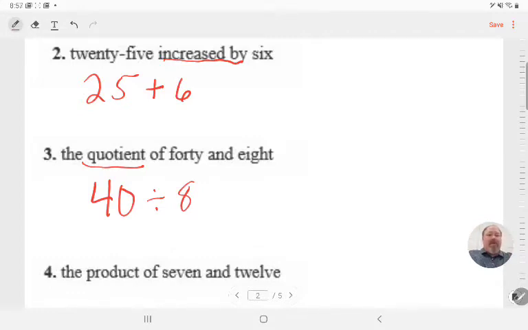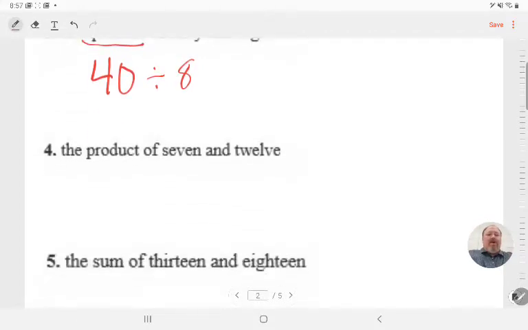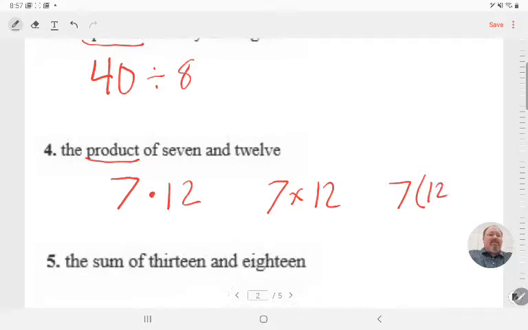Okay? All right. Number 4, the product of 7 and 12. My key word is product, and I have 7 and 12. So it would simply just be 7 times 12. Now remember, I can write that like that. I can write 7 times 12, or I could even write it another way.